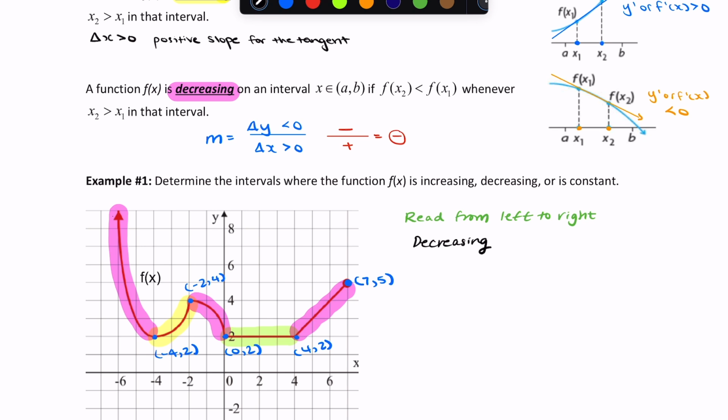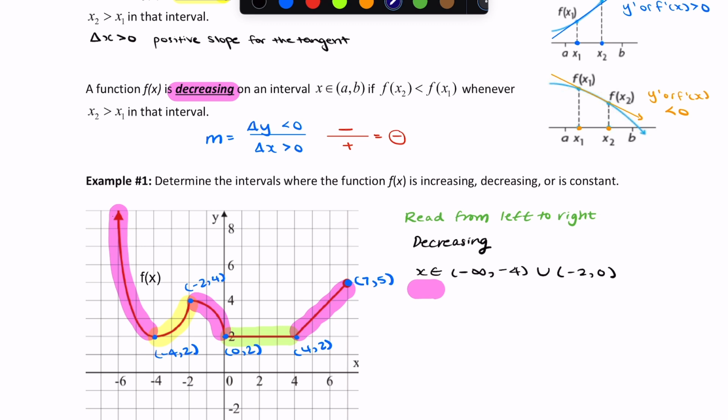In terms of the x values, it is decreasing from -infinity to -4, and also between -2 and 0. There we used pink as the color to indicate where it was decreasing.